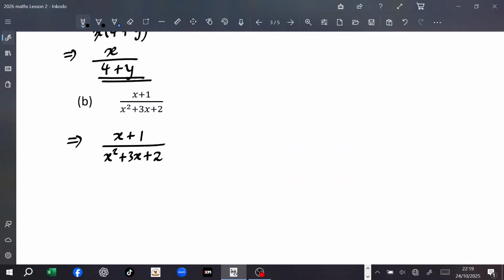It needs simplification on its own. So x to power 2 plus 3x plus 2 is a quadratic expression which you need to factorize to make it simple. So you look for the sum, which in this case is the coefficient of x, which is 3, and the product, 1 times 2, which is 2.